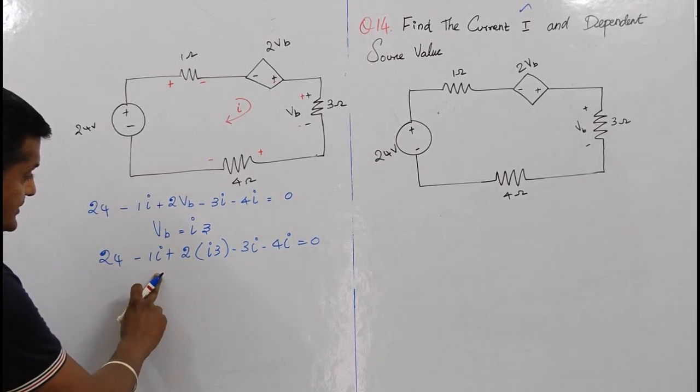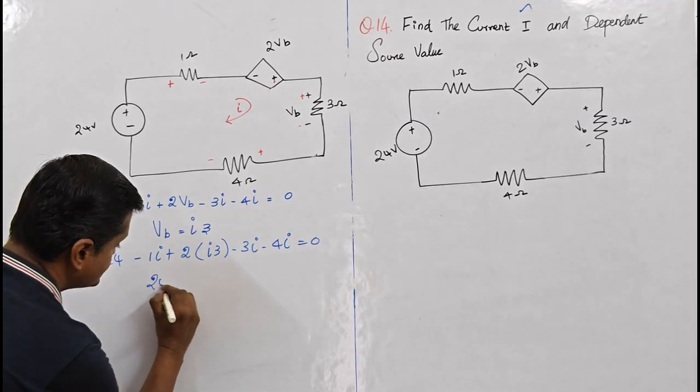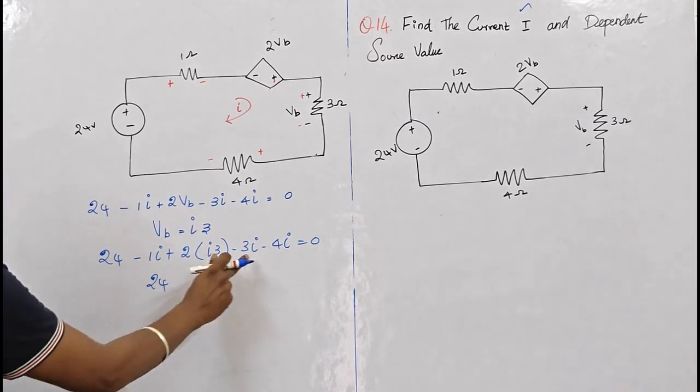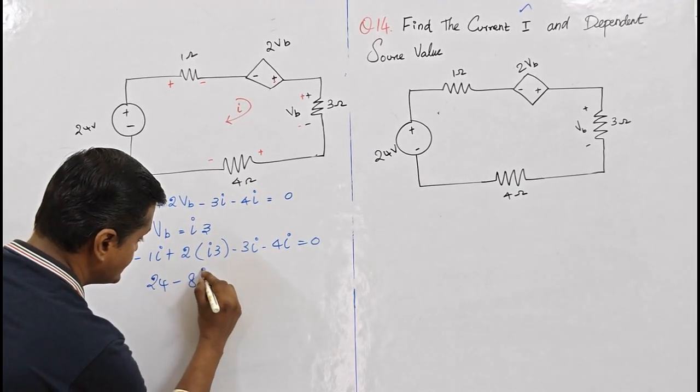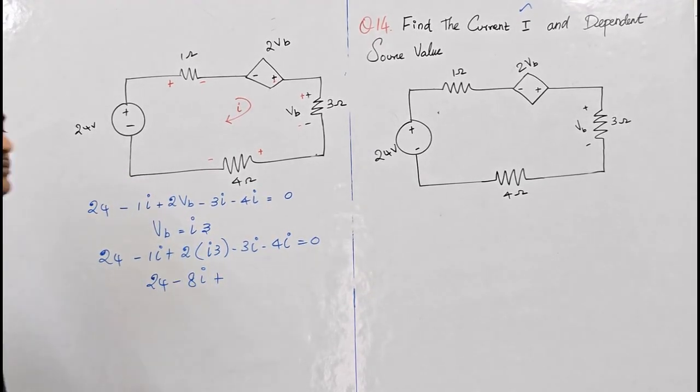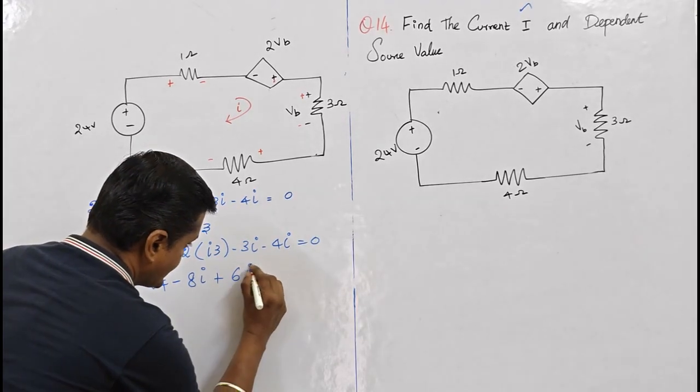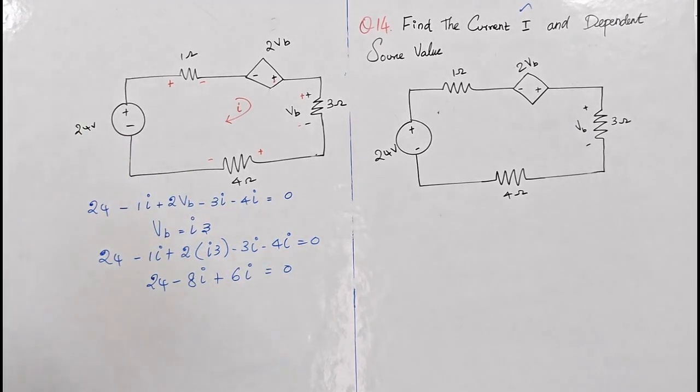Next: 24, minus 1I, 3, 4 plus 3 is 7, plus 1, minus 8I, plus 3 into 2, 6I, equal to 0.